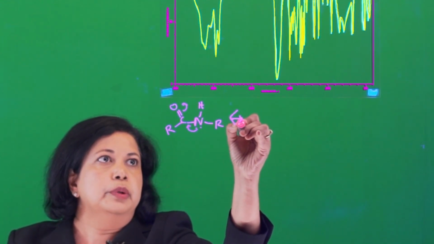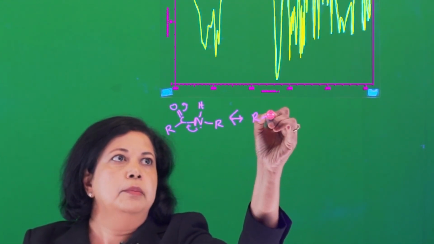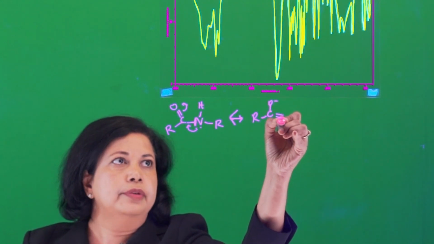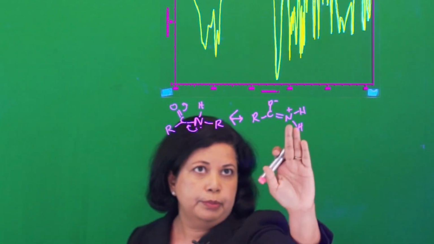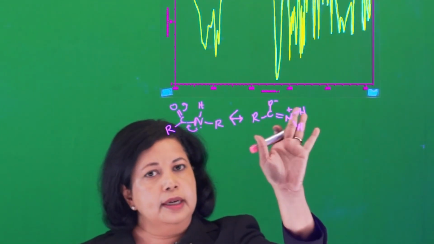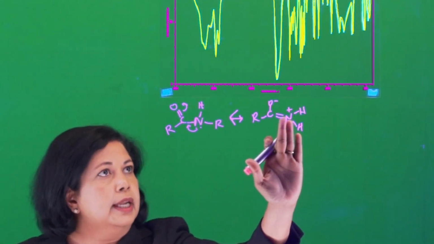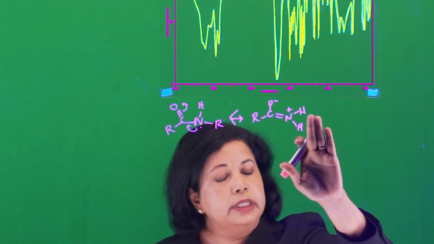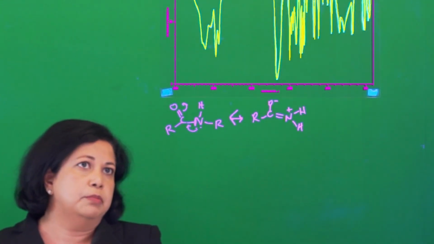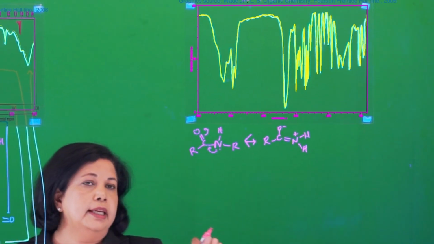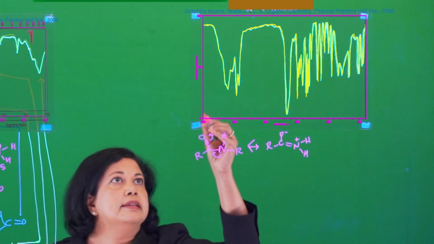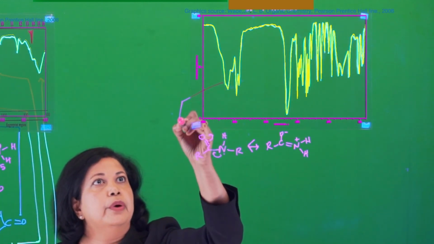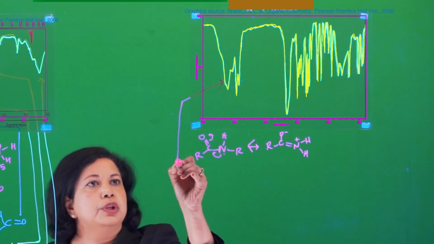This is going to be a more important resonance structure, but you have a teeny bit of ionic charge separation. It's not an ionic compound, it's a neutral compound, but you can have some charge separation, which increases the dipole moment on this molecule. And so therefore those NH bonds are very polar, and you can see they're pretty intense. So this is going to be for your NH stretch.